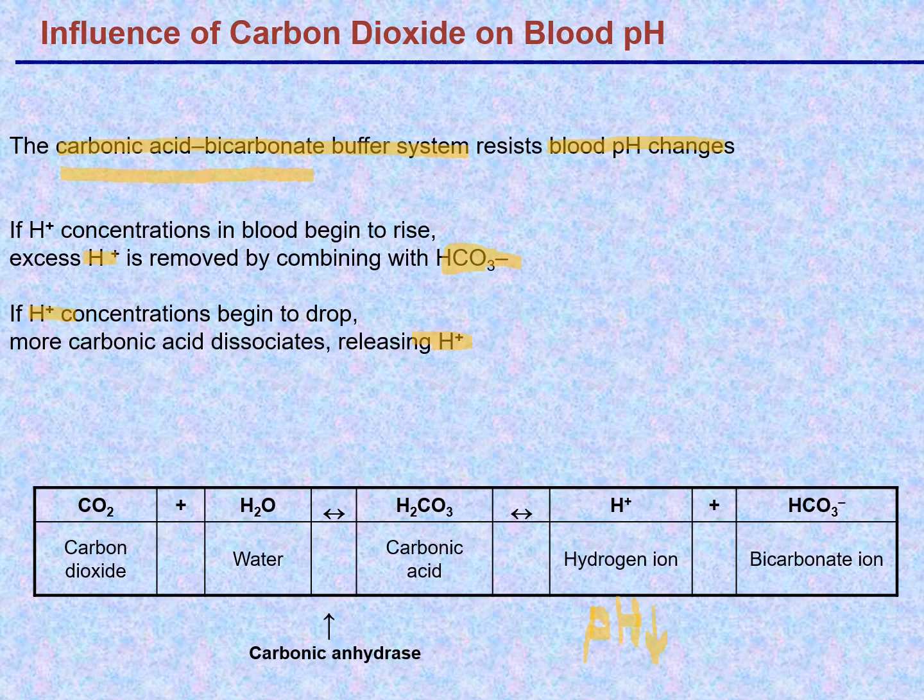So if CO2 is building up in concentration, if you have higher amounts of CO2, then the reaction will go in this direction. At the same time, if you have a higher level of hydrogen ions, and that becomes in excess, then the reaction will go in the opposite direction.